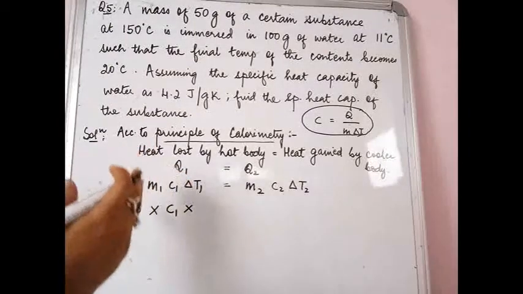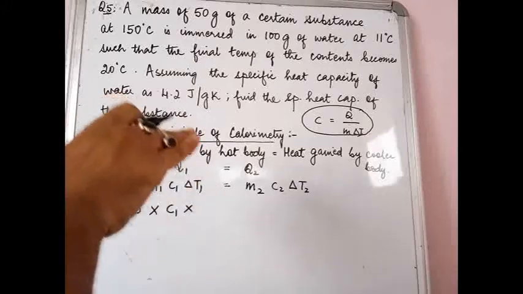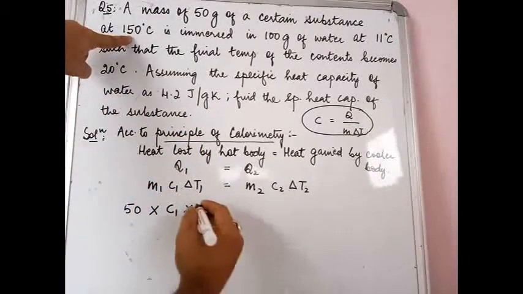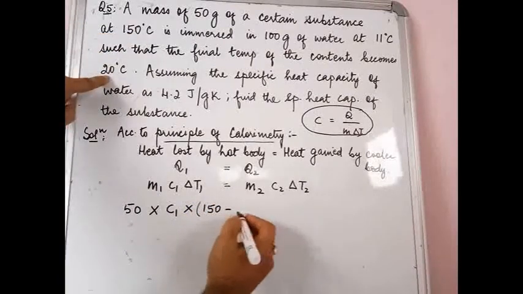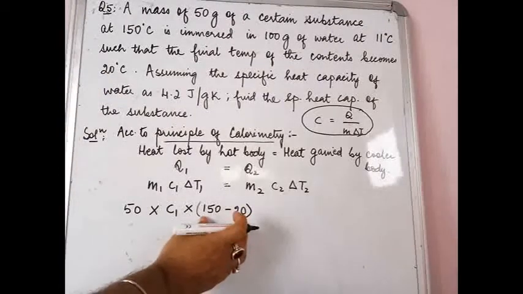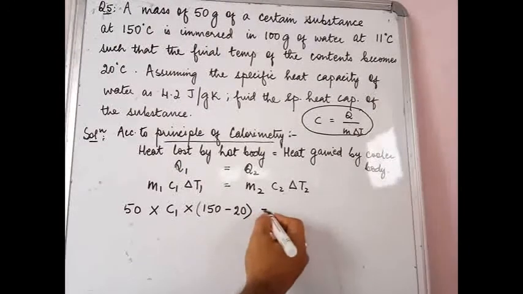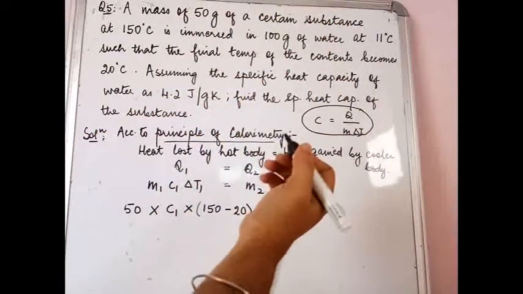On the left hand side we have the hot body giving out heat, so its temperature will cool down. Earlier the temperature was 150 degrees, now it has come down to 20 degrees. So the change in temperature will be 150 minus 20. Similarly on the right side, now the right side is about the cooler body. Cooler body is water over here.